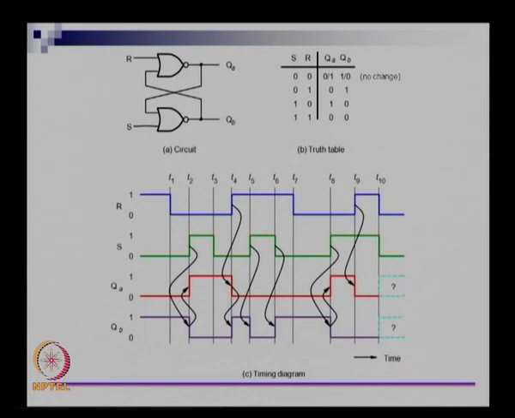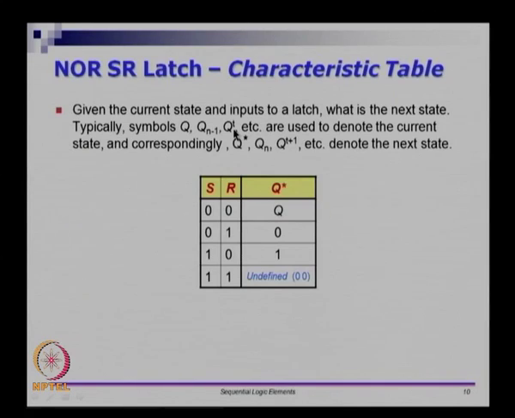If the condition 1, 1 never happened, you can never give 1, 1 as an input to the circuit, let us say somehow you guarantee that S and R can never become 1 at the same time, then the outputs QA and QB will be complements of each other. So it is okay to give only one of them and not specify the other one. We assume that in all these cases we are talking about QA of t and QA of t plus 1 versus QA of t, we will just call that Q from now on.